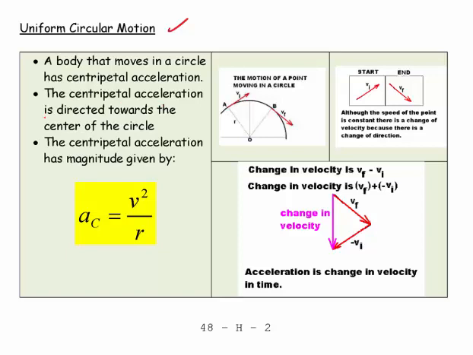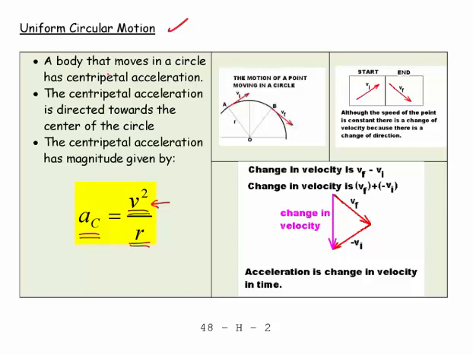The centripetal acceleration is directed towards the center of the circle, and it has a magnitude given by a_c in meters per second squared equals the velocity, if you like, the speed of the object squared over the radius of the circle that the object is moving around. Now for uniform circular motion you have a constant speed, but this equation applies for different speeds in different motions.